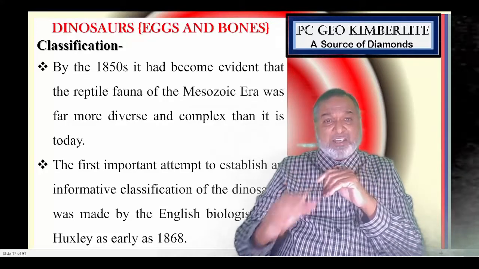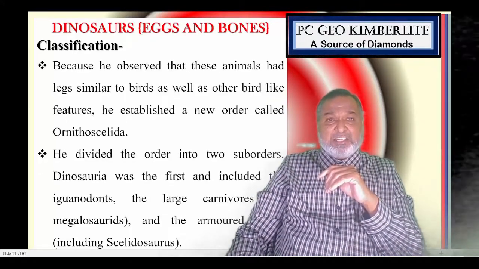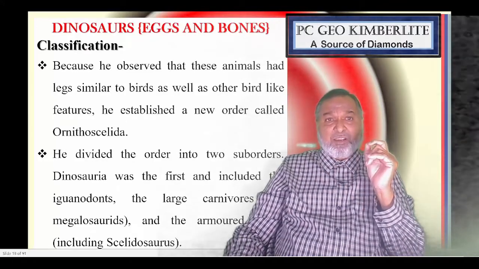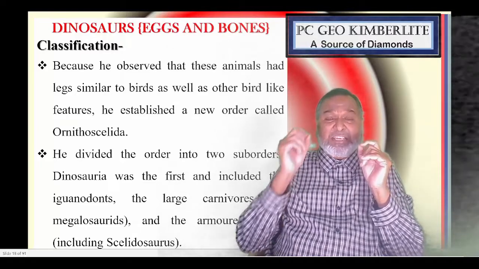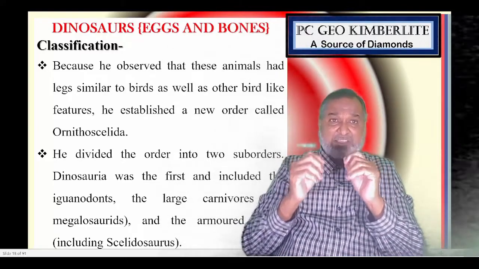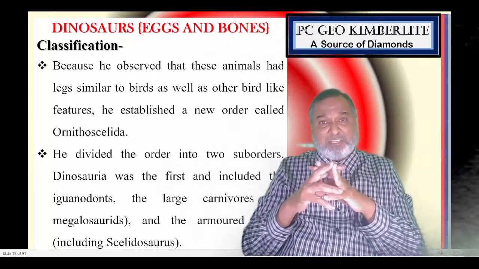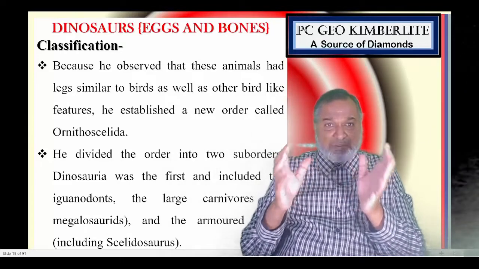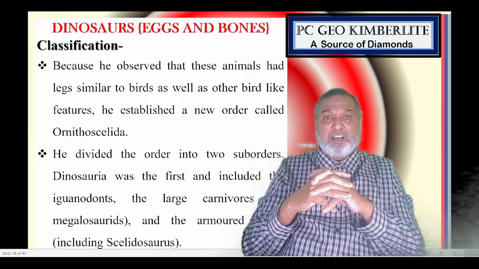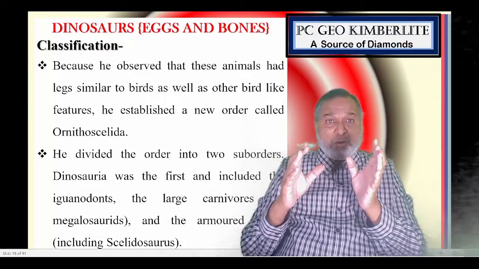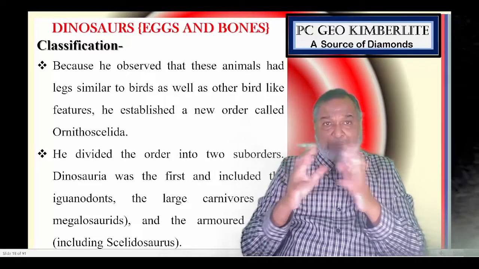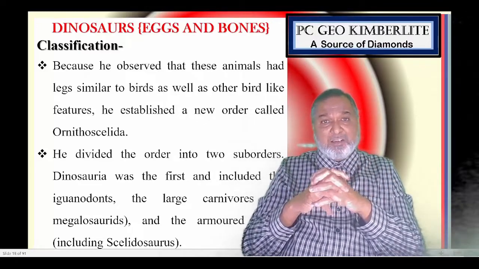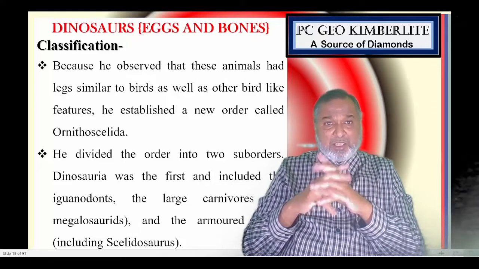Huxley, as early as 1868, observed that these animals had legs similar to the birds as well as other bird-like features. He established a new order called Ornithoscelida. He divided the order into two suborders.